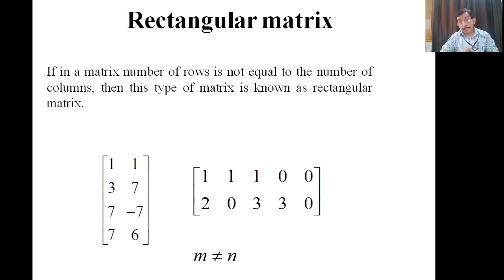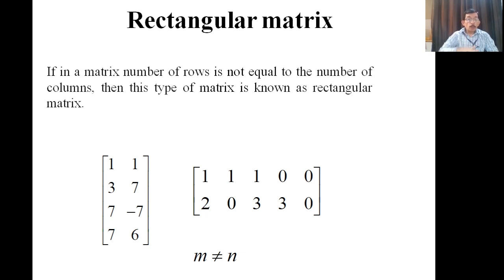In the given slide example, you see 1, 3, 7, 7 is the first column, and the second column elements are also given. So how many rows? 4 rows. How many columns? 2 columns. Students, let me make it clear: row means horizontal and column means vertical.